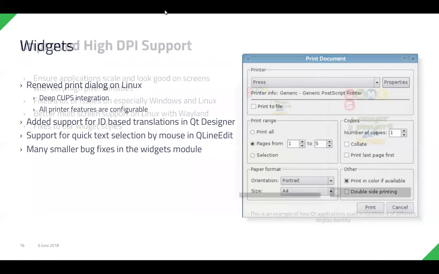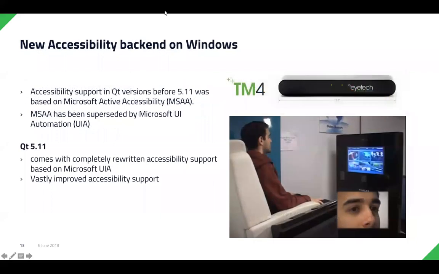With Qt 5.11, we have now completely rewritten that accessibility support to base it on top of Microsoft UI Automation. This gives you vastly improved support for special accessibility devices, like, for example, the eye tracking device you can see on the right-hand side.